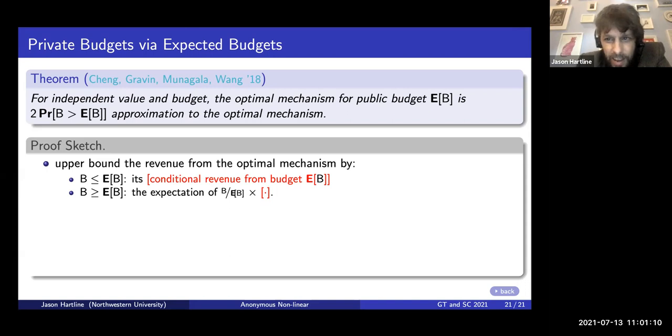This is basically a concavity of revenue as a function of the agent's budget: the idea that as the agent has higher budget, they're going to buy higher priced things, which is going to affect our ability to extract revenue from them. Again, if we take expectation of the latter case, the expectation of B divided by expectation of B is 1. And so both these two cases were upper bounded by the expected value conditioned on budget being its expectation.